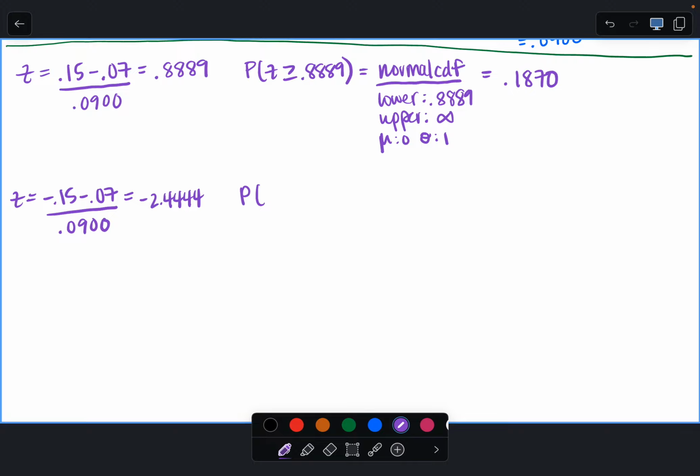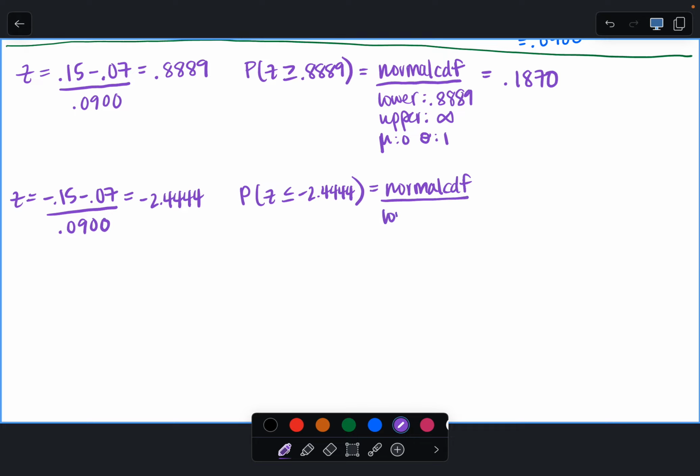So don't just be like, oh, well, I just need to make it negative 0.8889. Doesn't work for this problem. So this time I want z to be less than or equal to negative 2.4444. And you'll notice that they are not the same number. So that's how we truly know these are not complements.